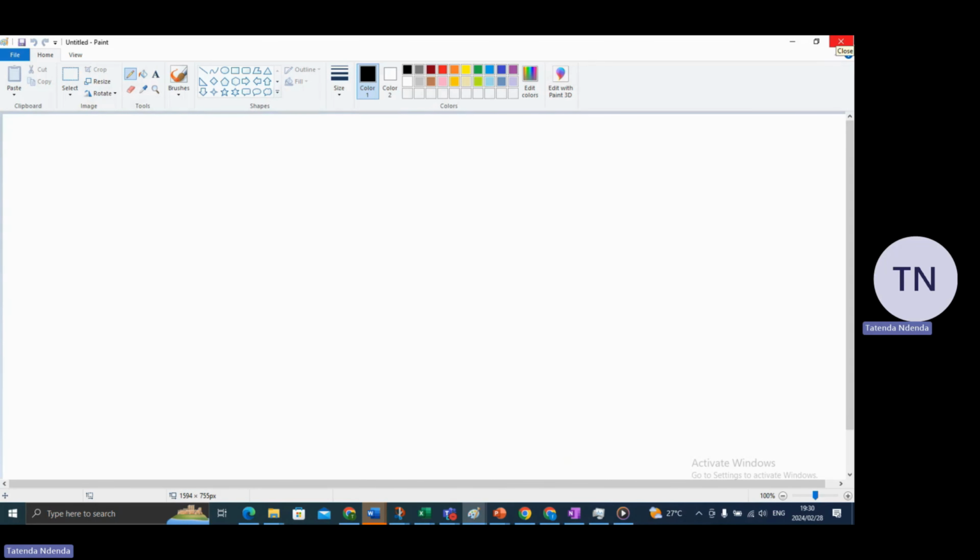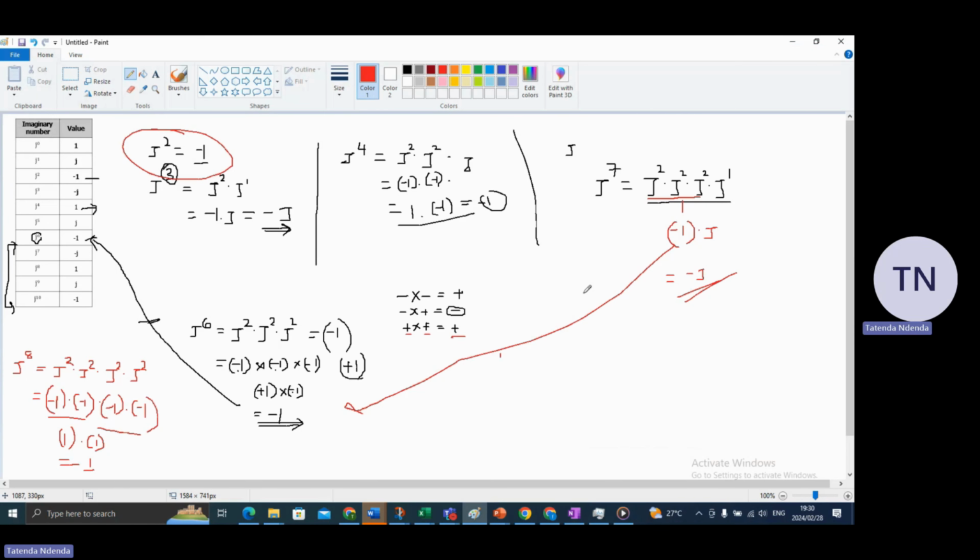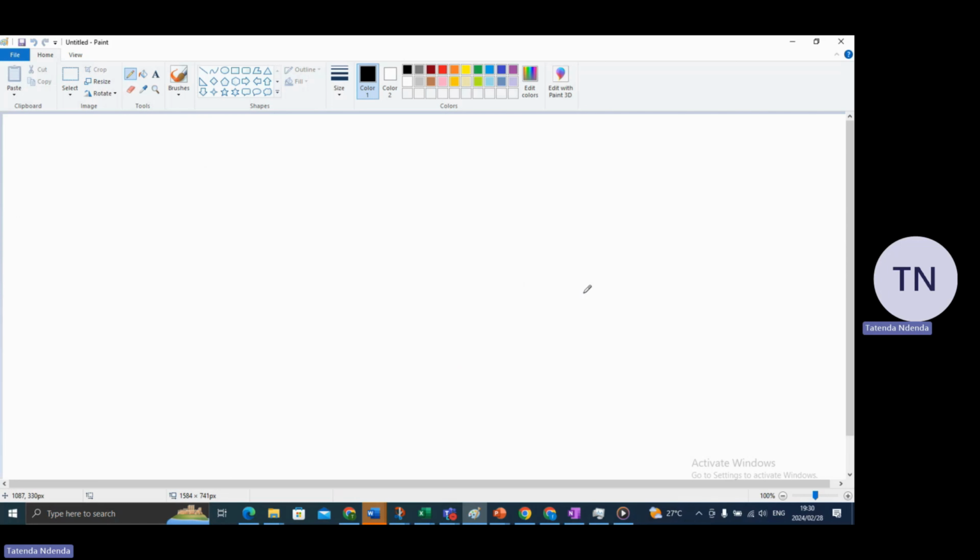So we know that whenever we're having an equation that needs to be resolved, there are certain steps that you have to follow when you're dealing with complex numbers. Okay, so let me just show you these steps.